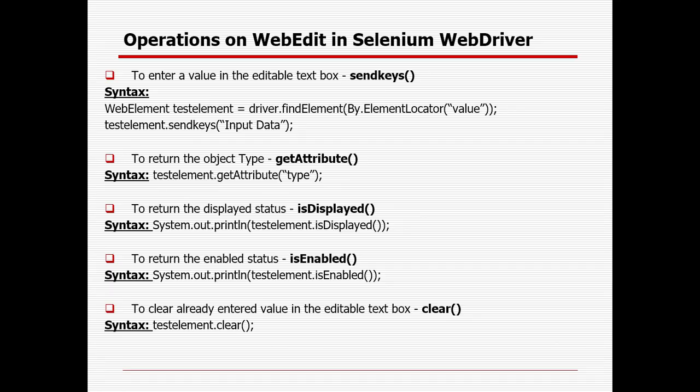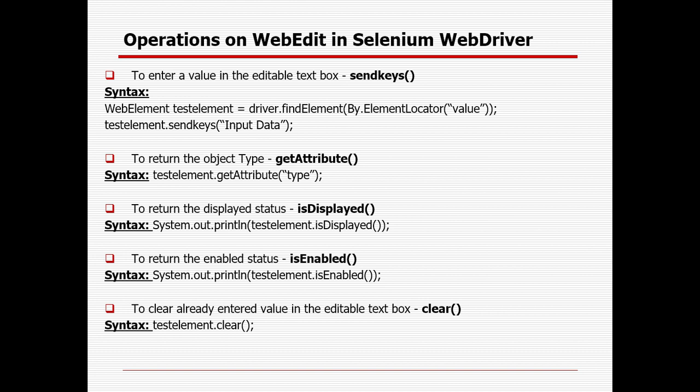I have already covered sendKeys, where you can pass the value; getAttribute, where you can get the different attribute values; and isDisplayed, where you can check whether the field is displayed in the web page at all. You can check whether the field is editable or read only. And once a value is entered, if you want to clear it and retype, you can clear it first and then retype the value again.